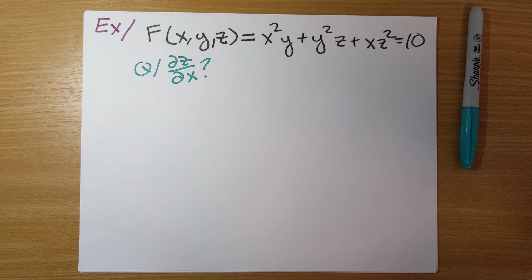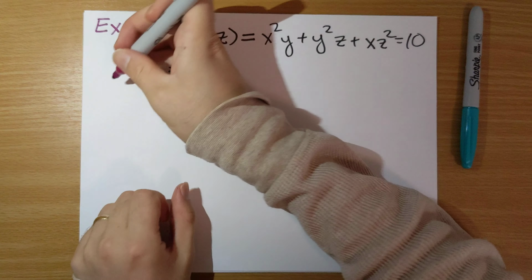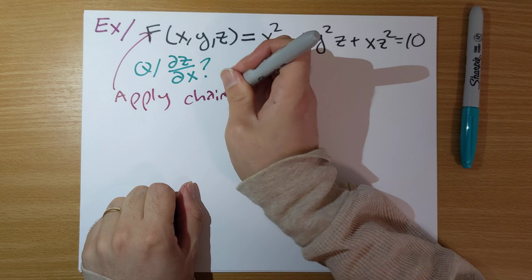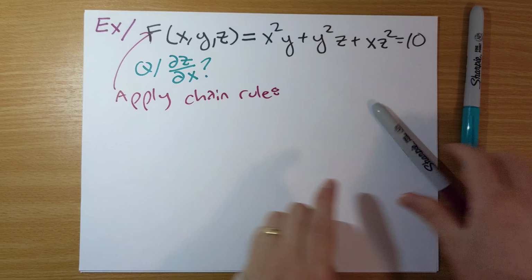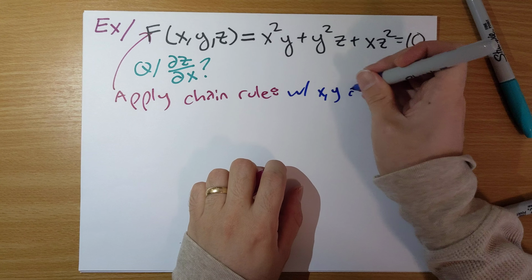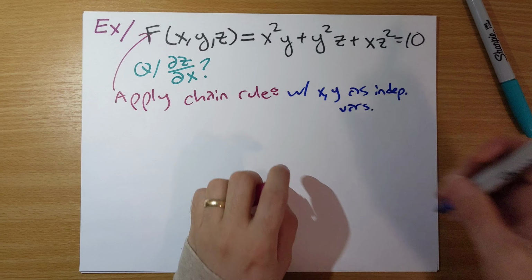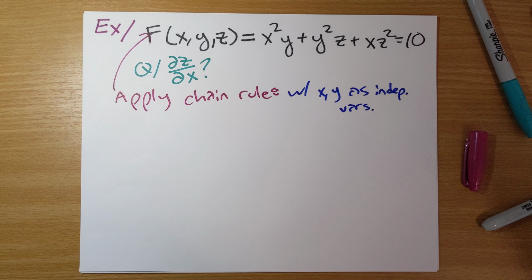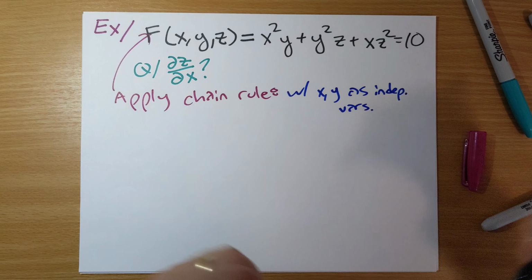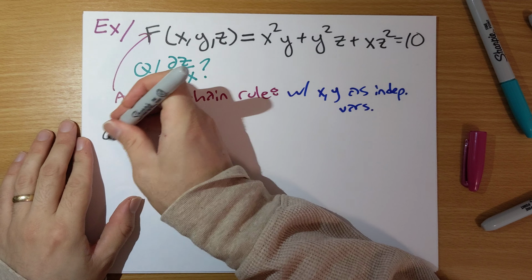Okay, so once again, we're going to apply the chain rule, with x and y as independent variables. So what do we do if we take the derivative of both sides of this with respect to x?